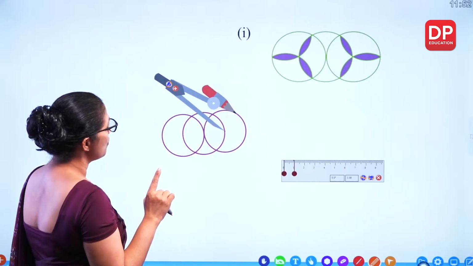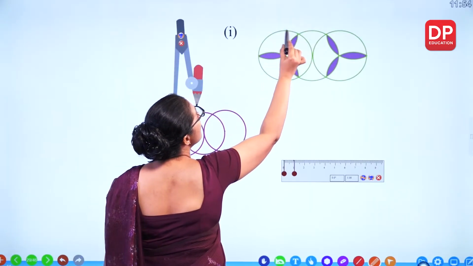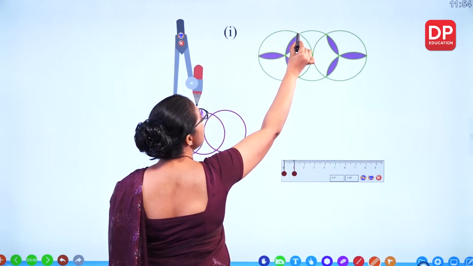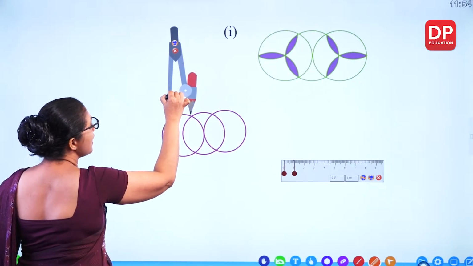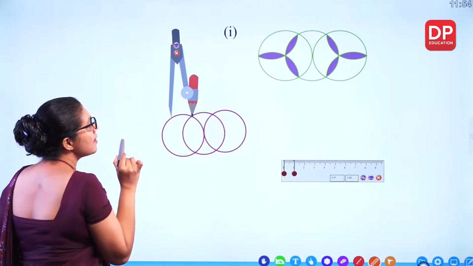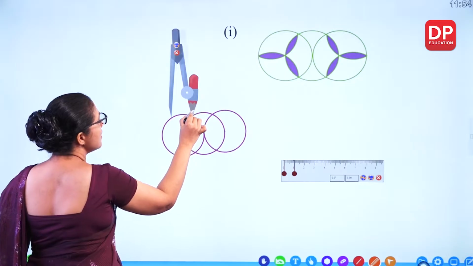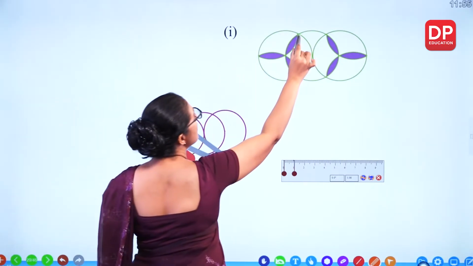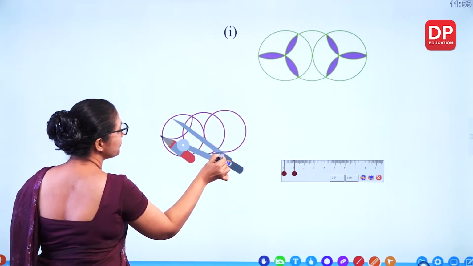Then what you have to do? Now we need to keep the compass on top of this line, and here you have to draw this arc. You can keep it so that this end is the pencil. So now when you draw it, you get the other arc like this. So that's this arc. How do we draw this one? Same thing you have to do.